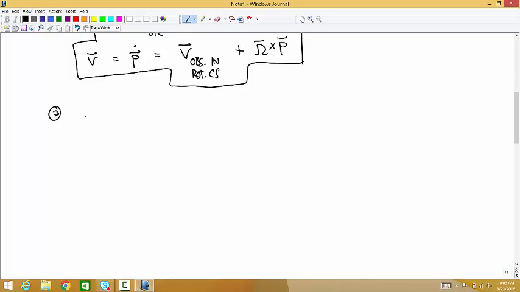And then the third one is apply number 1 to the velocity vector to get the acceleration vector.